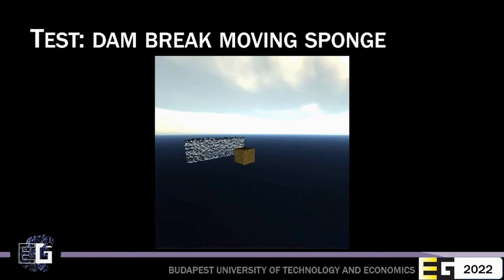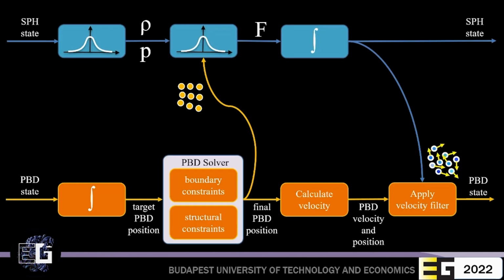Fluid dragging sponge is a dam break scenario where the drag force acting on the sponge is tested. Given the suction force drawing the fluid into the sponge, and then the velocity filter transferring fluid speed to the porous solid, the sponge will start to move away from the fluid. Thus, to maintain plausibility, the suction force acting on the sponge cannot be neglected.